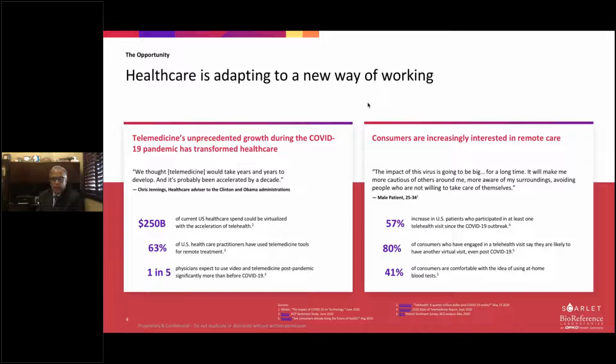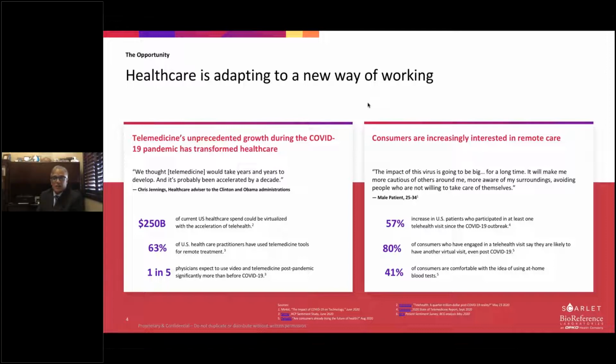And consumers are increasingly interested in remote care. We see that in every aspect of today's world. We're an on-demand society. We want our Uber, we want our groceries delivered now. And this transition is reaching into healthcare.